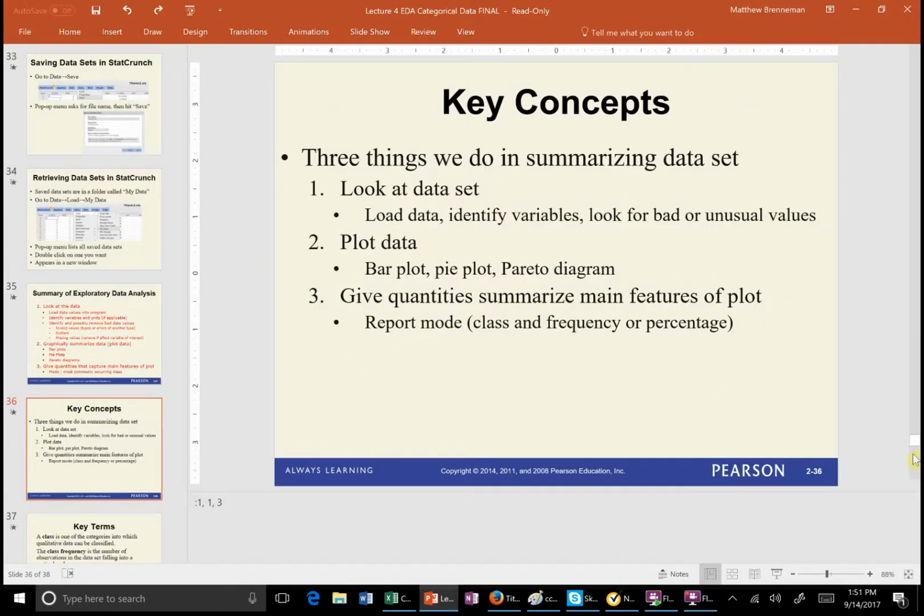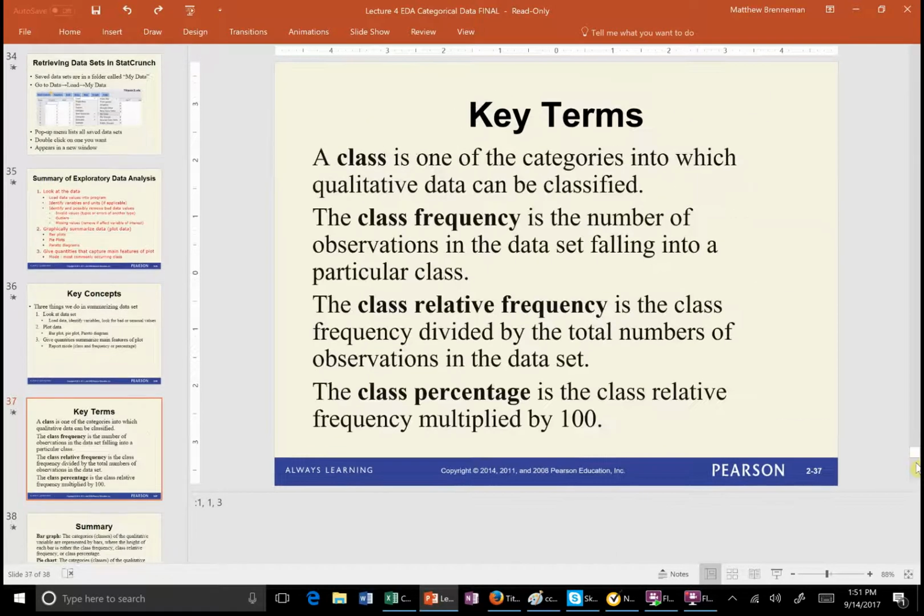This is just kind of a rehash. And these are some concepts that you want to know, okay? The class, people call this different names. You can call it class, factor, okay? It's just the values of the categorical variable. The class frequency is going to be how many people in each class, with relative frequency and percentage applied.